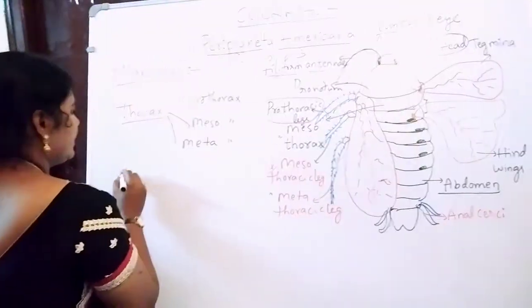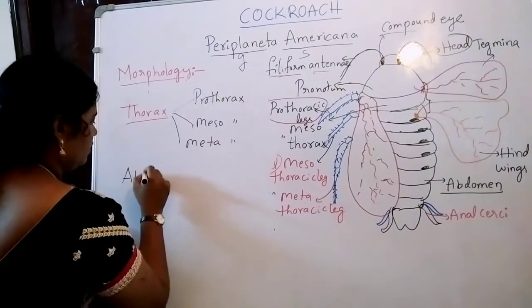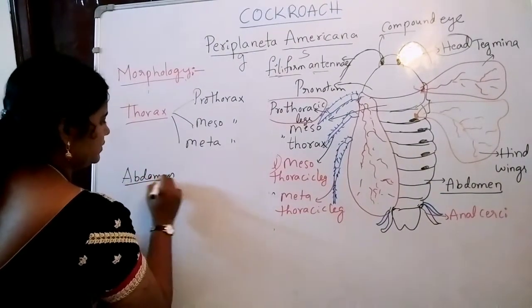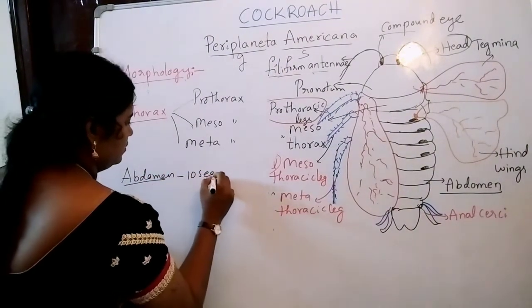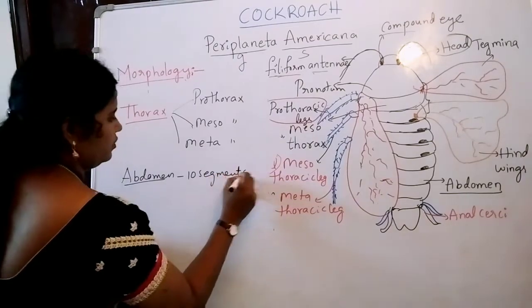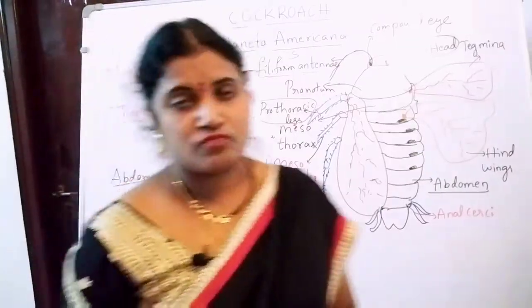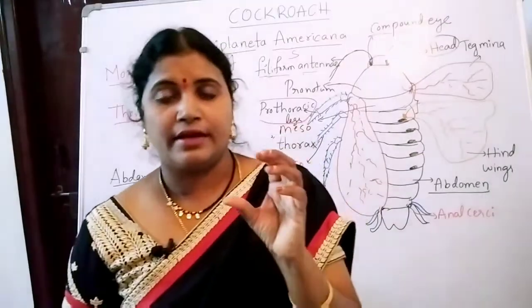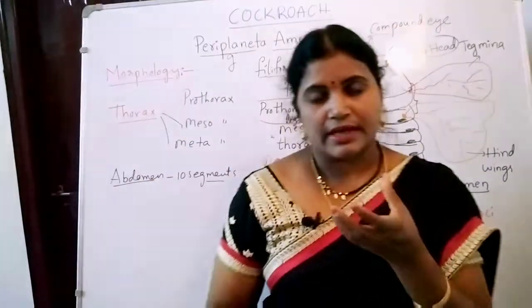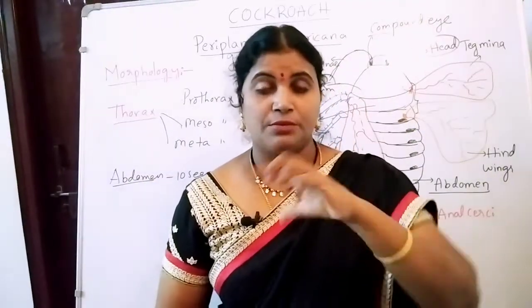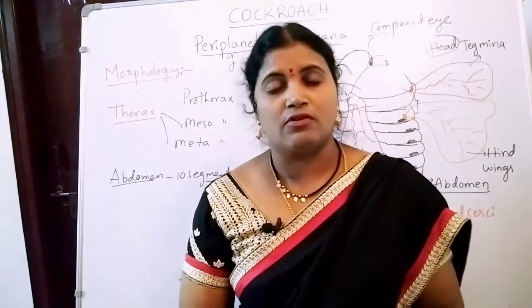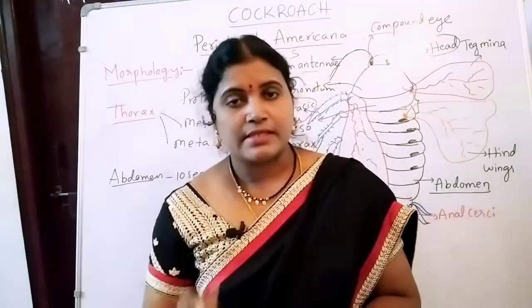So after that, the abdomen contains 10 segments. Here, the head of the cockroach is very special. Why? Because it can move in all directions. Why? Because of its flexible neck.